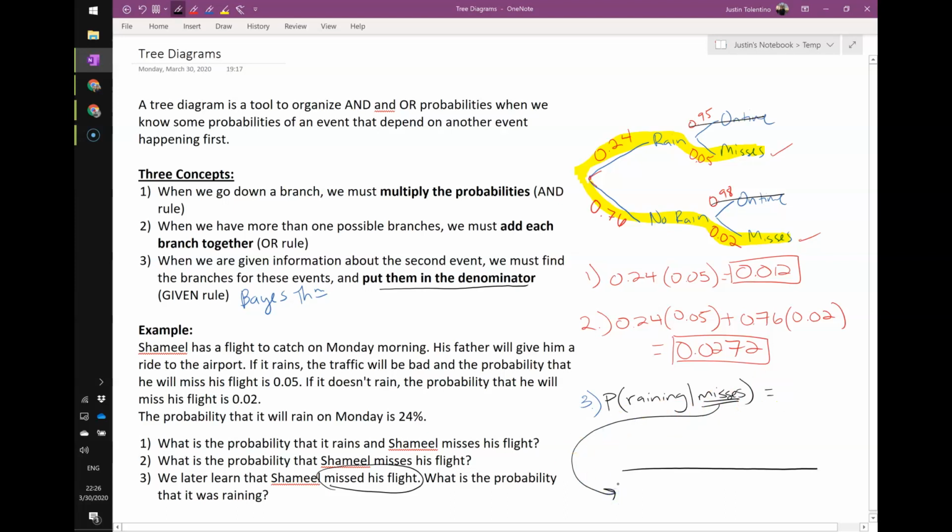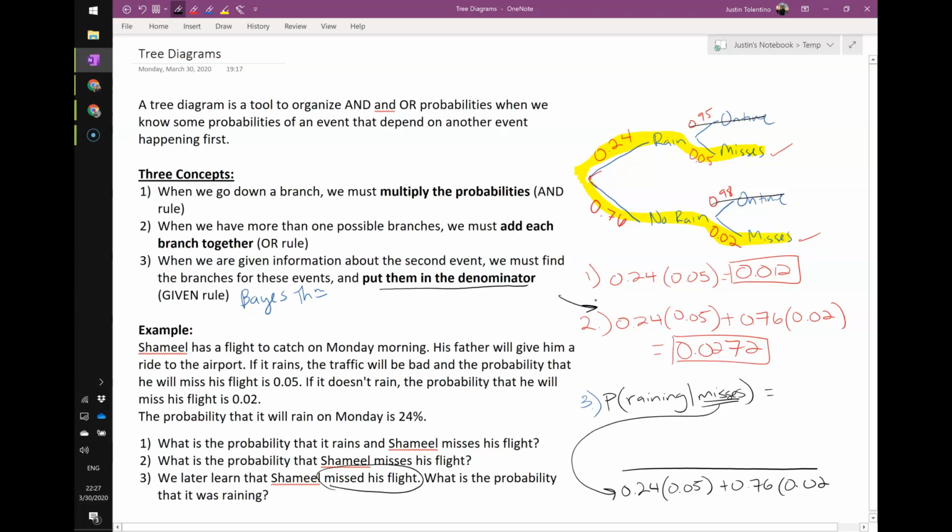Let's get the probability that he misses his flight. Well, we actually already did that. It's above here. We saw that the probability he misses is 0.24 times 0.05 plus 0.76 times 0.02. That's what we found out in part 2. I'm just copying that exact line.